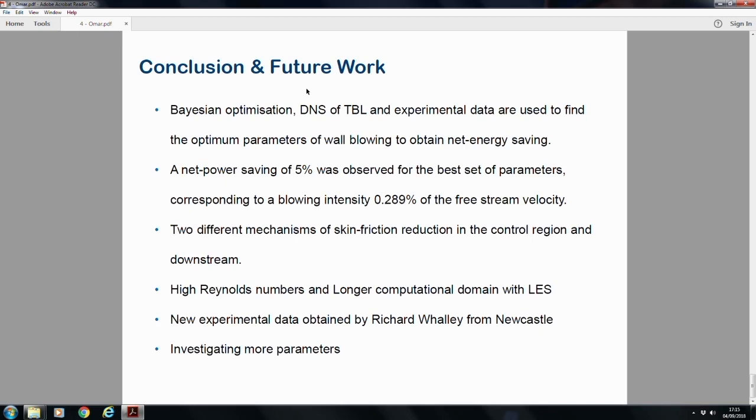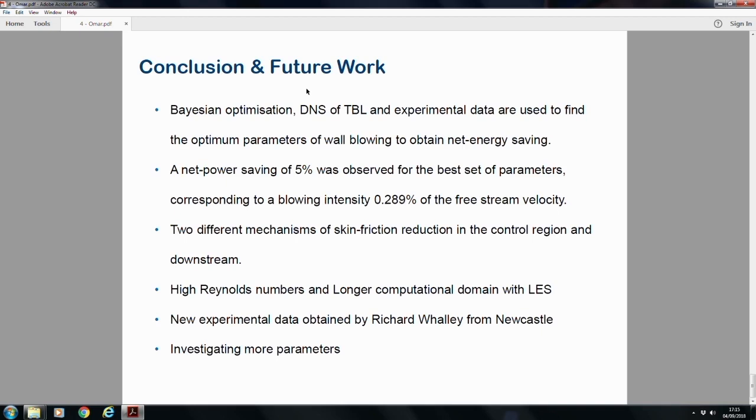5% of net energy saving is still low, and this is for 3 reasons. The first one is, in our simulation, we only simulate at low Reynolds number up to 1800, and the control region length is very small.